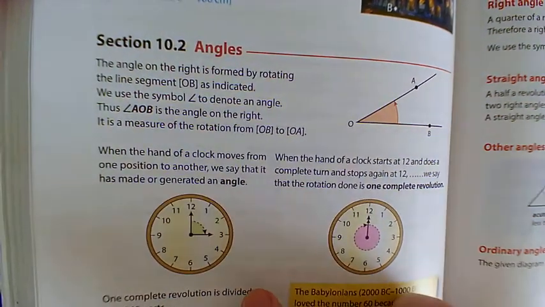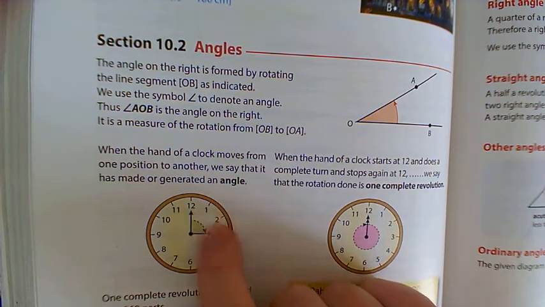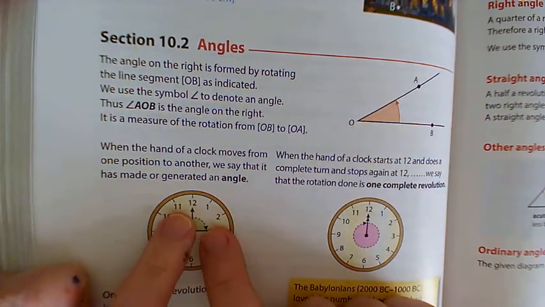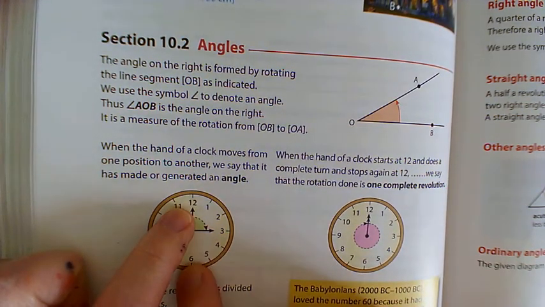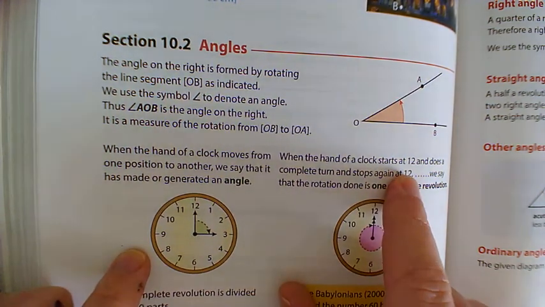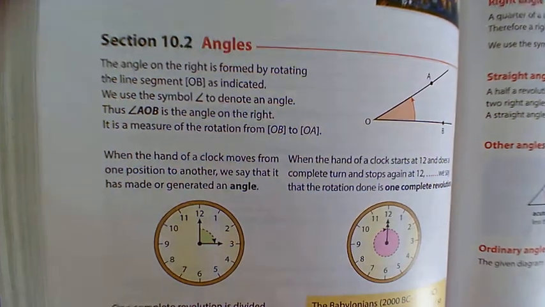That's very important. When the hand of a clock moves one position to another, they'll say that an angle has been generated. So every time the clock moves, the angle gets greater, yeah? When the hand of the clock starts at 12 and does a complete turn, it's one complete revolution. One complete revolution is 360 parts.